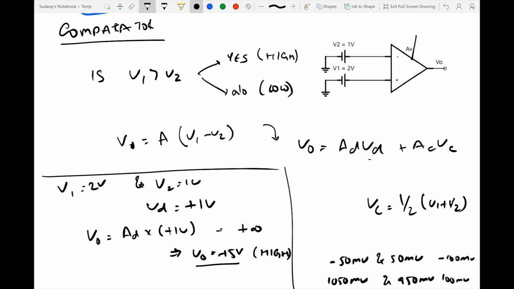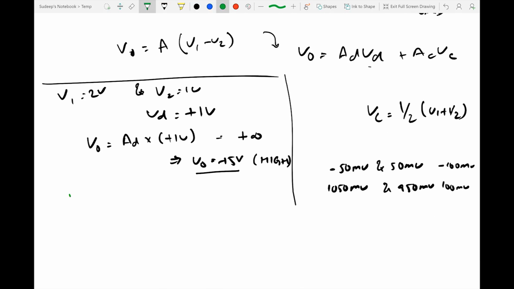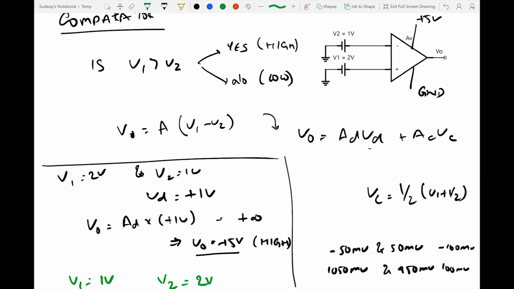So we are giving a Vcc of plus 5 volts here, and the other terminal is ground. So let's take the other scenario, where, let's do that in green. Let's say our V1 was 1 volt and V2 was 2 volts. So what we did before was, because V1 was greater than V2, the comparison was yes, we got an answer of yes, which is logic high.